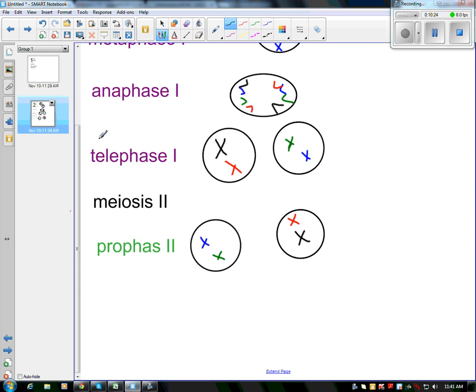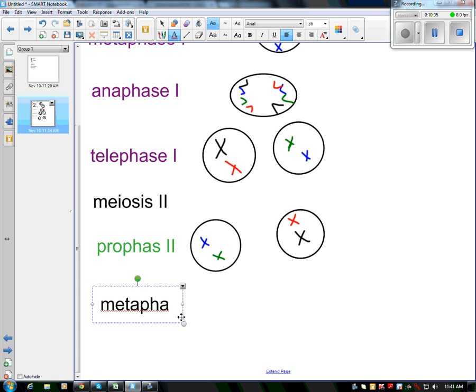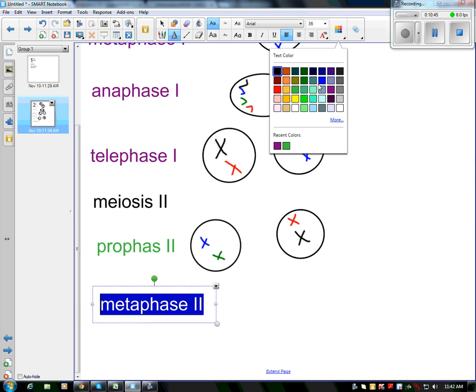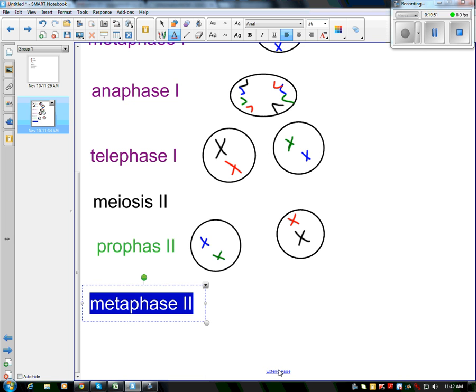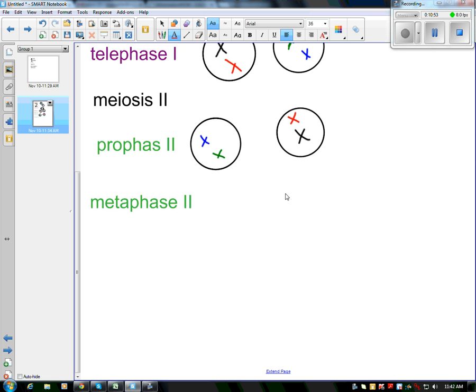All right, now we have to go to metaphase 2. I misspelled prophase. There's supposed to be an e on that, by the way. Okay, metaphase 2, same thing again.